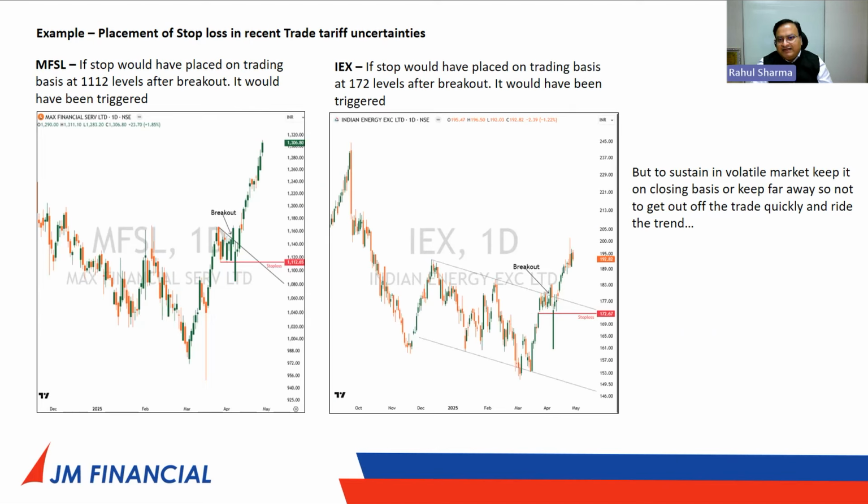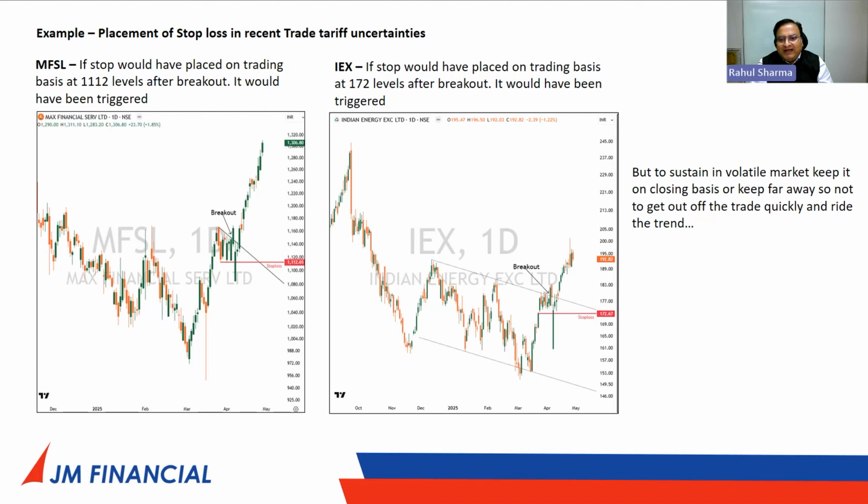We have a couple of examples where we had given these trades. One was Max Financial Services. This long trade was given once the breakout was confirmed on the charts. However, we advised to keep a closing basis stop loss since the volatility in the market was high. As you can see, there was a false breakdown.